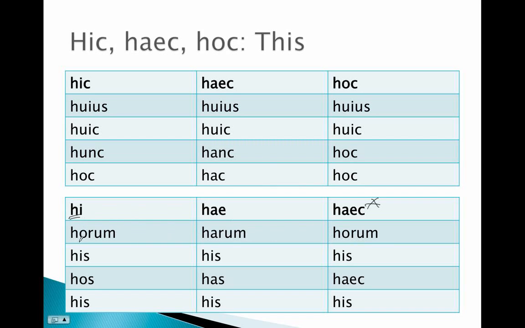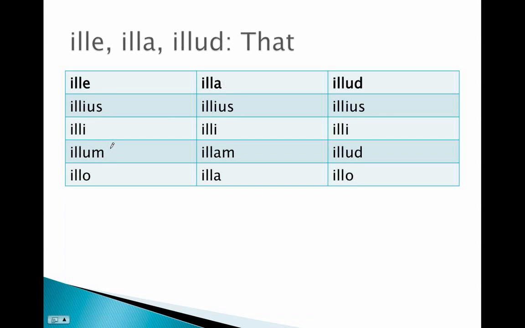Orum, arum, orum are genitive plural endings that you're used to. His, his are dative endings that you're used to. Hos, has, haec, and his, his. So hic, haec, hoc, this is really very close to a first and second declension adjective.